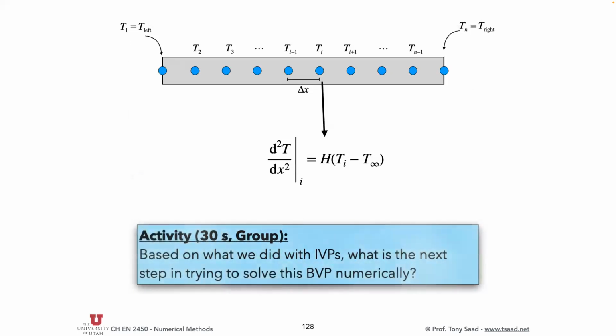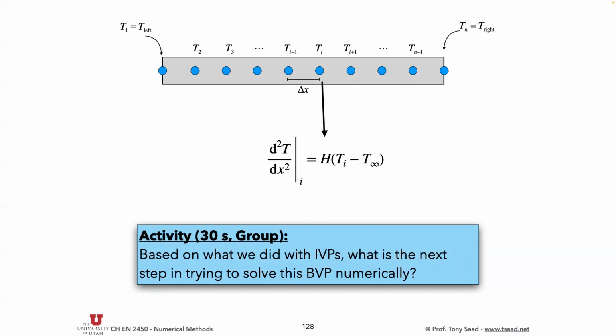Now, again, based on what we did with initial value problems, what is the next step in trying to solve this numerically? So just describe to me, what do we do? So now we have, our objective is to find T2, T3, Tn minus 1, right? Or Ti, right? But over here, I have this thing, d2T by dx squared. I don't know what it is.